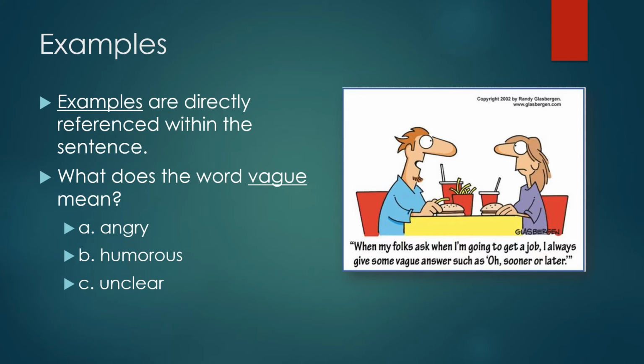It ends up being C here. Sooner or later is not really an answer. You're not really being given a direct answer about something. So that's what we're talking about with examples. You're looking for signal words or signal phrases like such as, for example, like this, or and so forth.